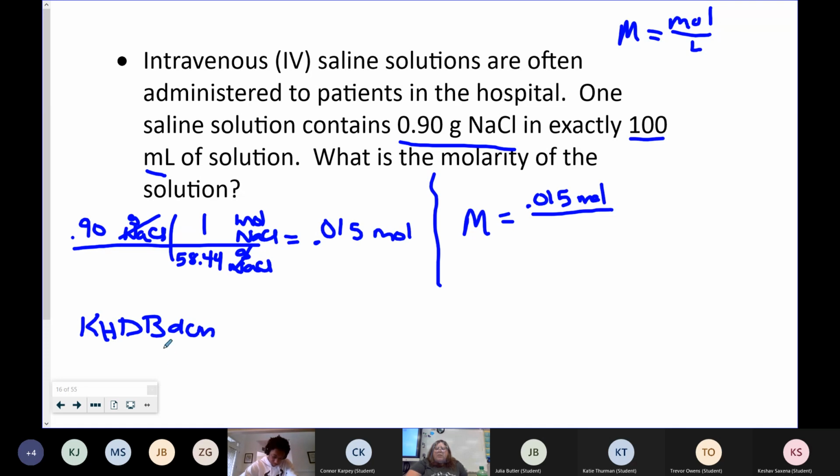Remember, liters is a base unit. So we're going from milliliters to liters. That means we have to move the decimal back to the left 3 spaces. So that's going to be 0.1 liters.